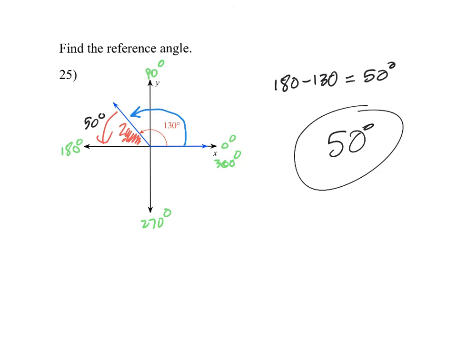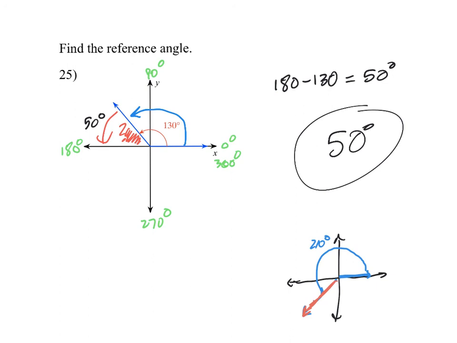Let me show you another quick example down here in the corner. What if the original angle was something like 210 degrees? Here's my initial side. I rotate in the positive direction, and I end up right here with the terminal side at 210. Now remember, your reference angle is the angle between the terminal side, which I'll make red, and the x-axis.